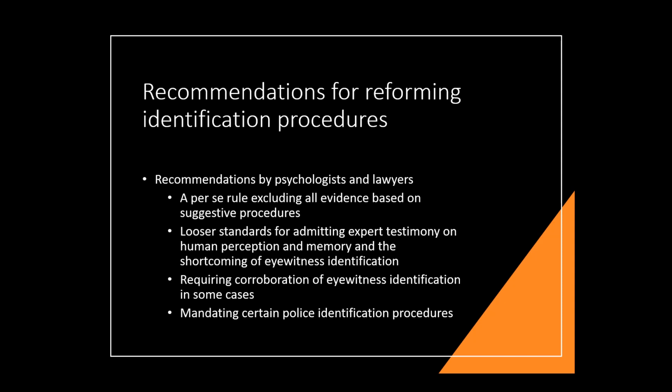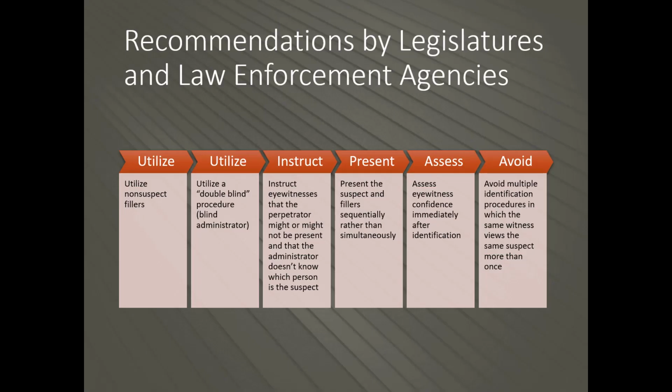The next thing is, and there's some human history of this, you should require corroboration of eyewitness identifications in some cases. And you should mandate that police use the best procedures. All these are recommendations for fixing some of these problems. So, here are some recommendations by legislatures and law enforcement agencies. Utilize non-suspect fillers. Utilize double-blind procedures.